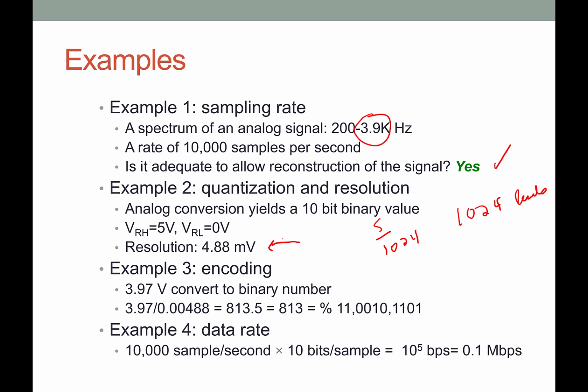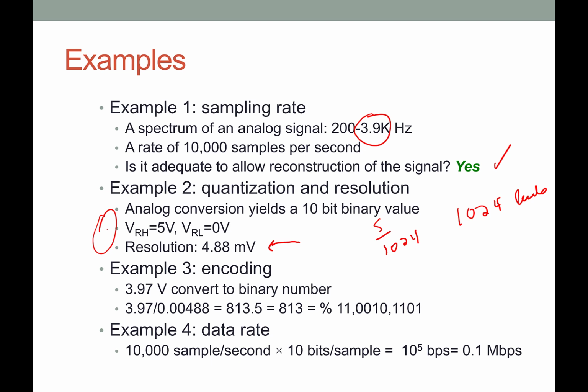Okay, the next example says, what if we wanted to convert this 3.97 volts into a binary number, using the quantization that we talked about? Then we're going to calculate the data rate after that.